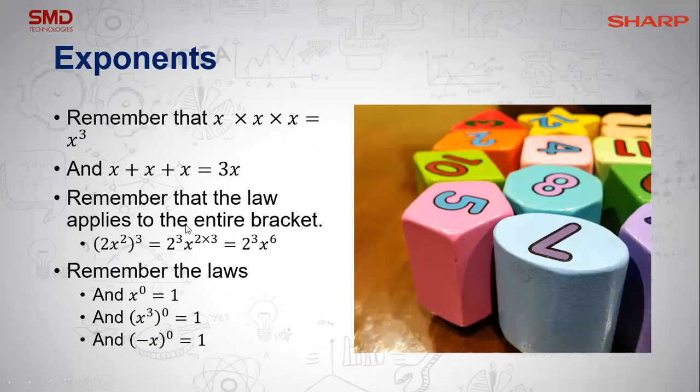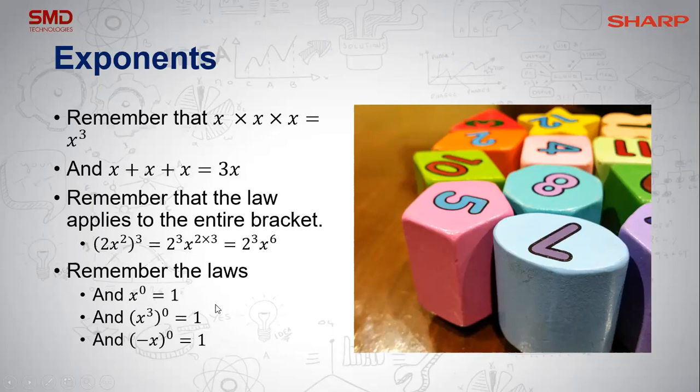And then remember that the law applies to the entire bracket. I always used to tell the kids at exponents that this is a germ and it affects the whole room. It doesn't just affect one person in the room, it affects the entire room. So make sure that they apply the exponent to the entire bracket.